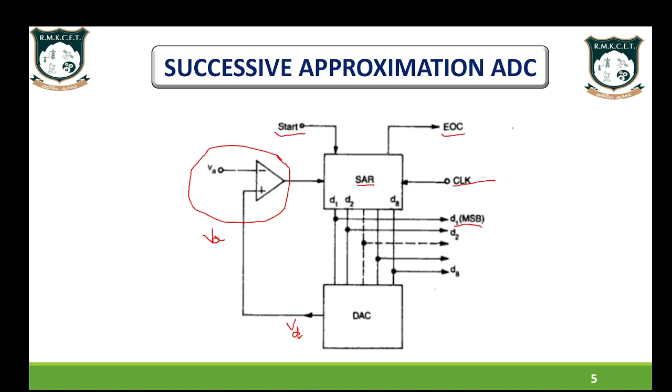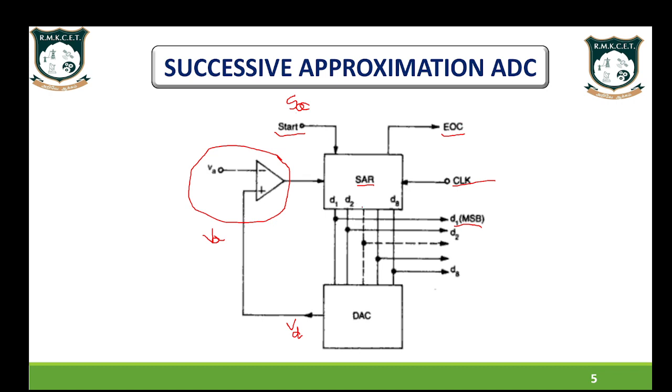So 2 power n, that is 2 power 3, gives a total of 8 digital outputs. We have two commands: SOC, start of conversion, and EOC, end of conversion. They provide when to start the conversion and when to end the process of conversion.